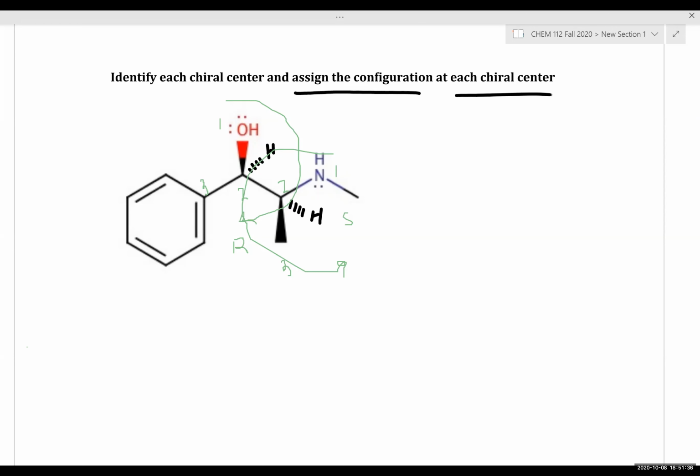So we have the second stereocenter tentatively assigned as S. What does the rest of the class think? What are your assignments for these two stereocenters? What does everyone think for these two stereocenters?